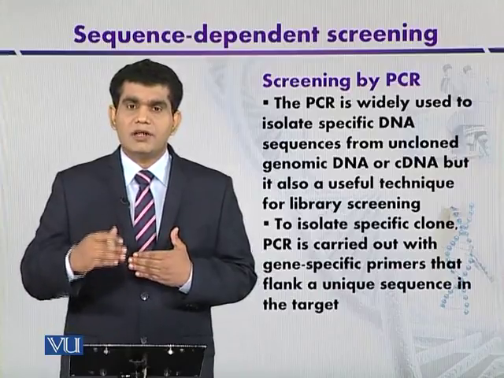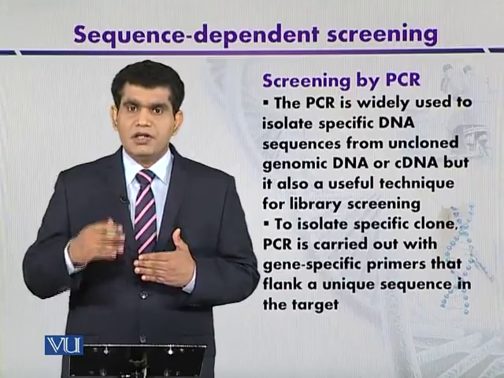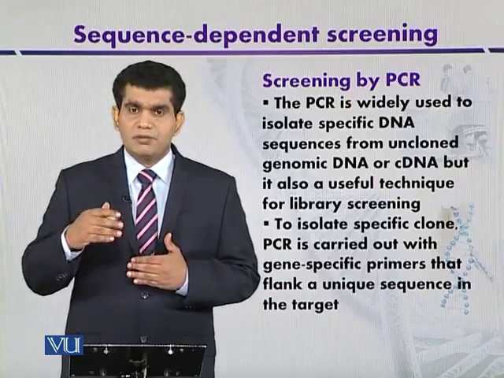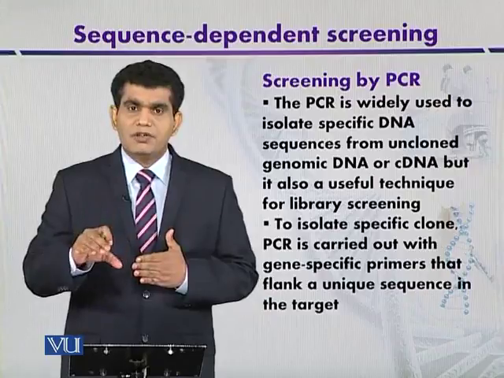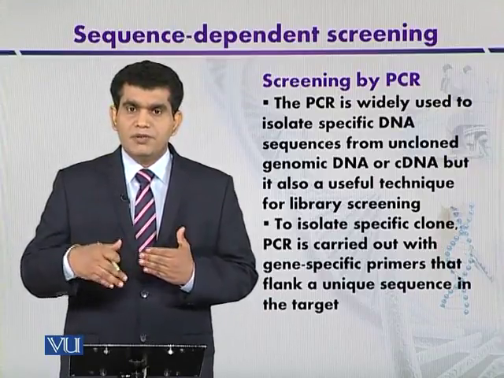All these steps can be avoided by using PCR if we have the idea of the primers. So these are the primers for that particular target gene. Then we can perform the PCR study.